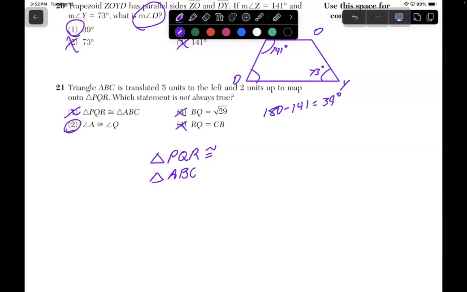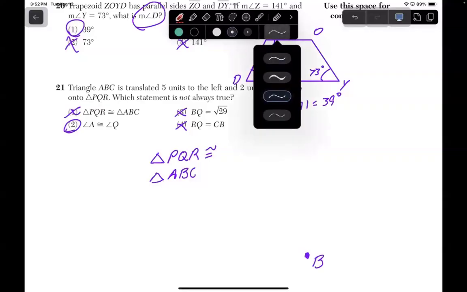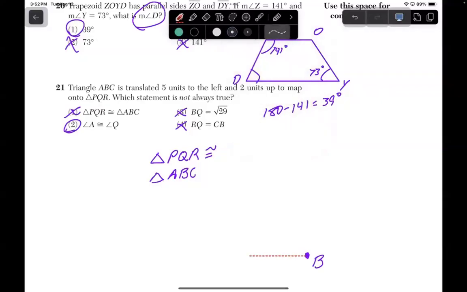So if we actually plotted, so if this is B and it's going 5 units left, and 2 units up to where Q is going to be. So Q is here. What is this distance? Well, this is 2. This is 5.